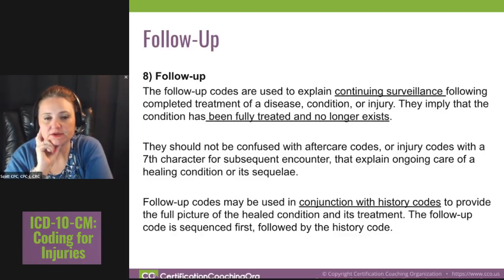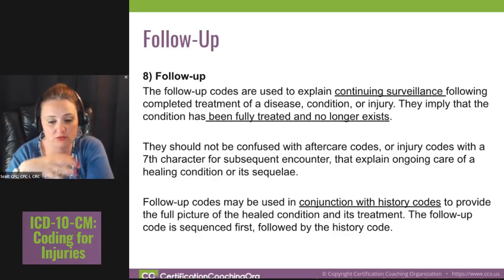And the doctor is saying, well, let's just do a follow-up. Let's make sure everything's going okay, and so they look, everything's fine. They're just continued surveillance. The knee is healed. The treatments are all done, right?